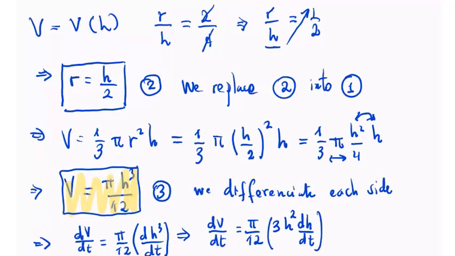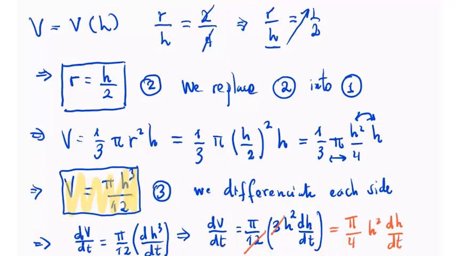I can simplify this 12 with this 3, and I get pi over 4, h squared dh/dt.